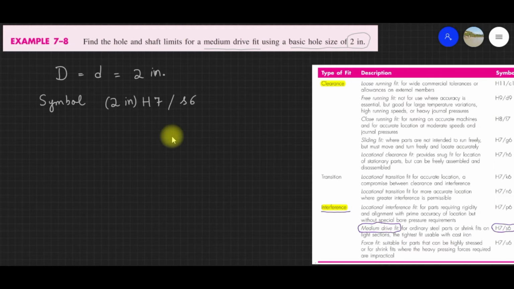So remember, this 7 is the IT grade for the hole, this 6 here is the IT grade for the shaft, as we did before. And this S here will be used for the calculation of the fundamental deviation for the shaft. So we have all the information that we need now.